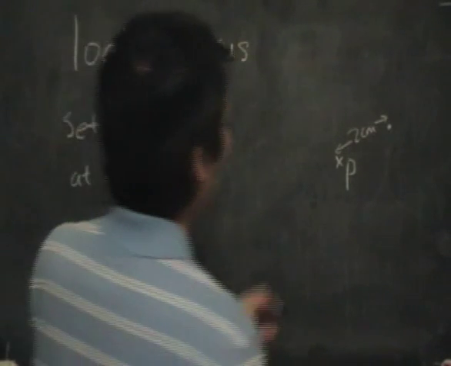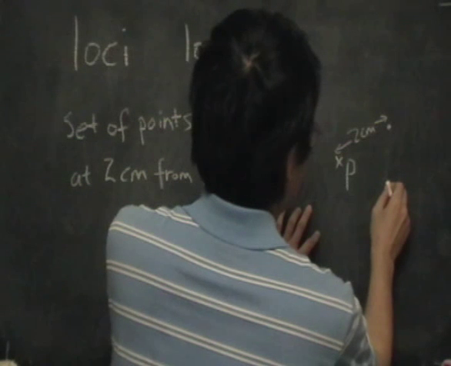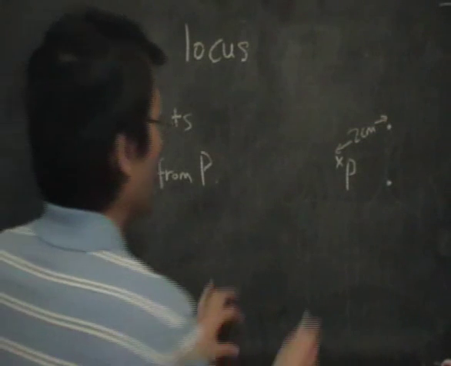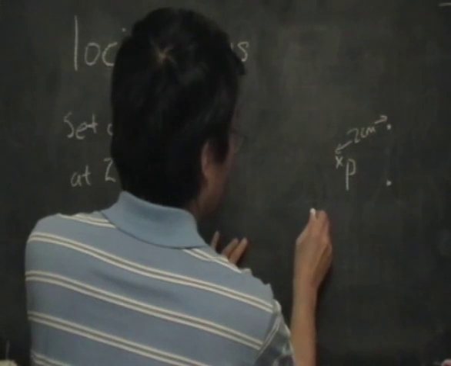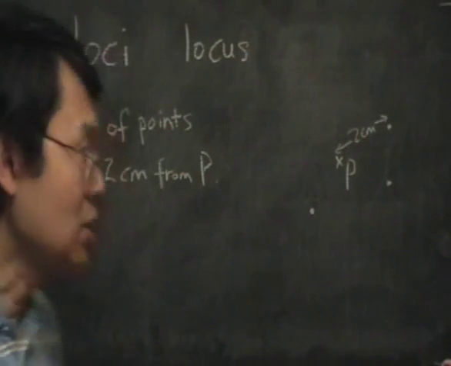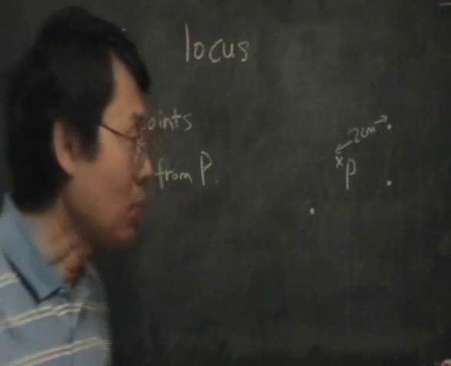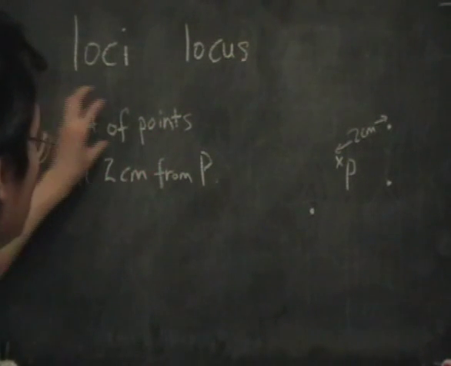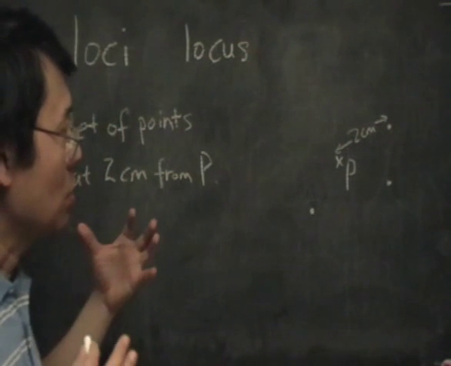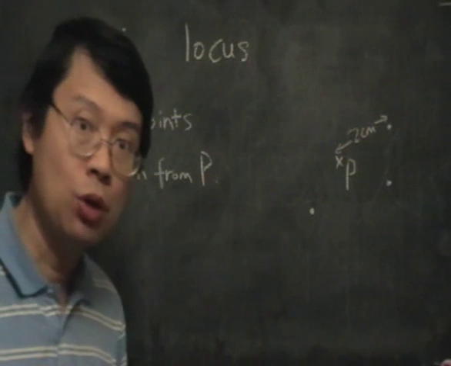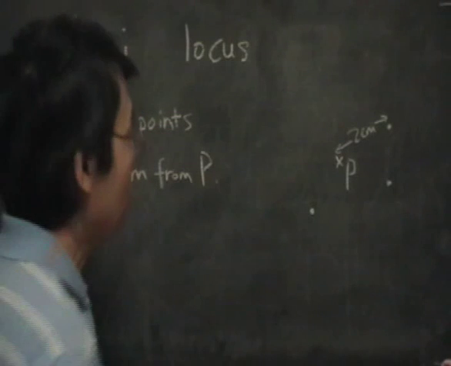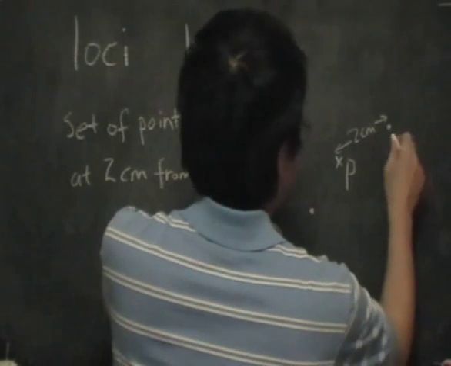Or it can be a point in a different direction, which is also 2 centimeters from P. It can be there. It can be in any direction, as long as it is 2 centimeters from P. It is part of this set of points. Alright, now if I keep trying out many different points that are always at 2 centimeters from P, you can imagine what I might get.